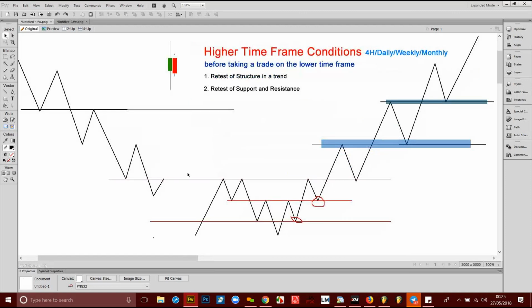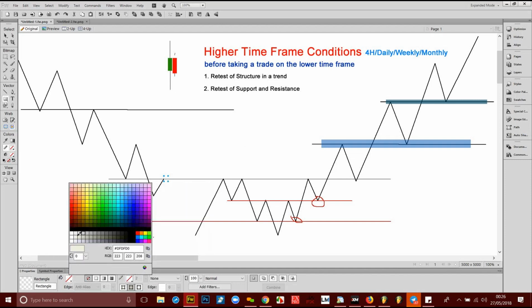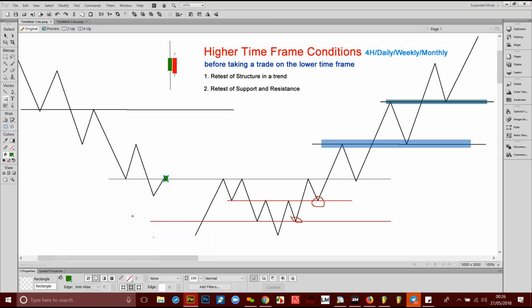Now, I'm looking for a hammer or a shooting star. A shooting star would be something like this. At this point, I will look for something like this. And remember it's going up, so this has to be, well, sometimes it could be green anyway. But preferably it could be red, sorry.